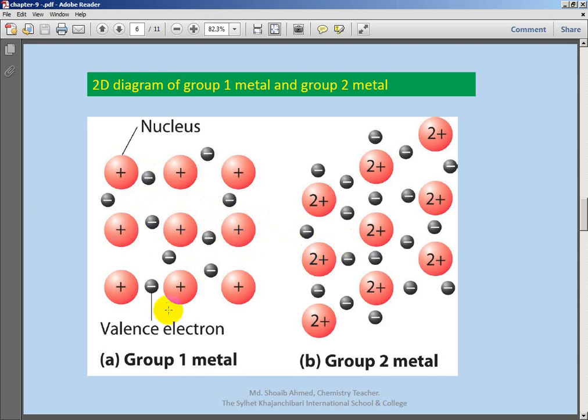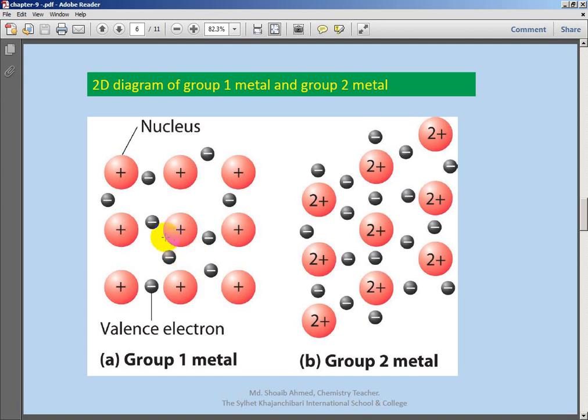Here only the 2D diagram. The pictures we take nowadays are also 2D. In the future we will see 3D pictures, 3D television.